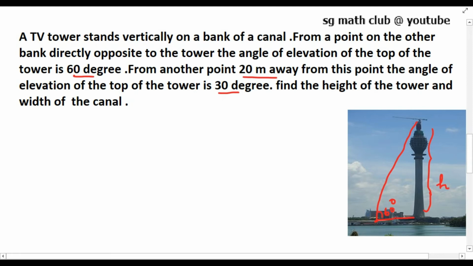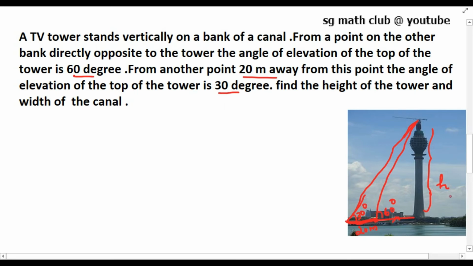So will it be this side, right side or left side? It will be definitely towards the left, because as we go far away, I told that the angle of elevation will decrease. So 20 meter away from this point, the angle of elevation is 30 degree.